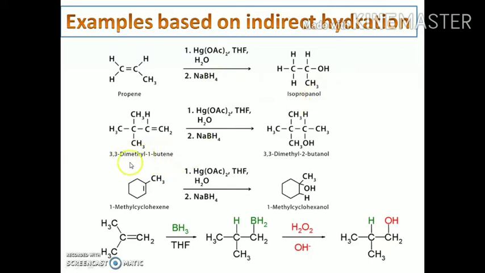Similarly, 3,3-dimethyl-1-butene on mercuration and demercuration gives 3,3-dimethyl-2-butanol as a major product, and methylcyclohexene on mercuration and demercuration gives 1-methylcyclohexanol as a product. In this case, in the presence of BH3, it will form 2-methylpropanol as a major product.